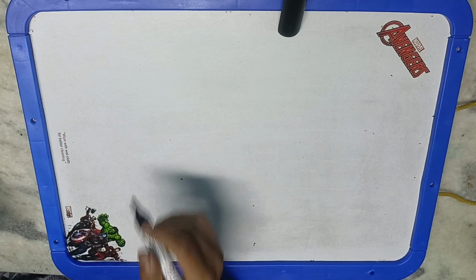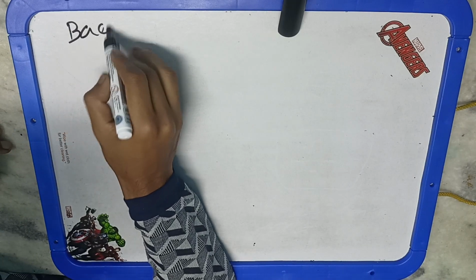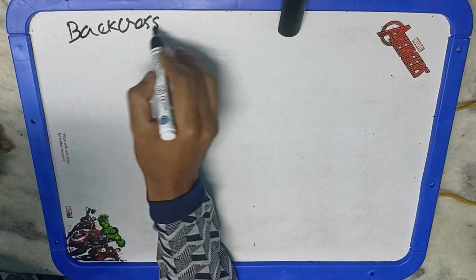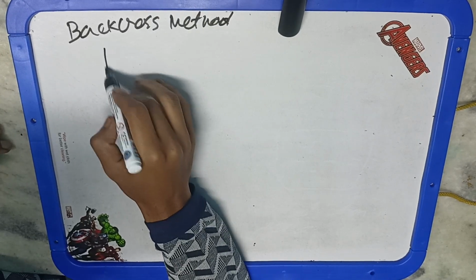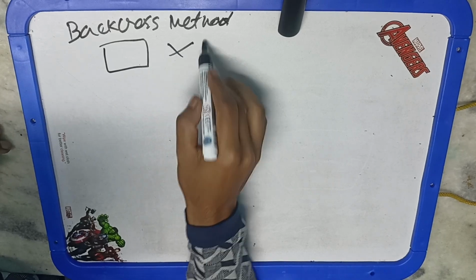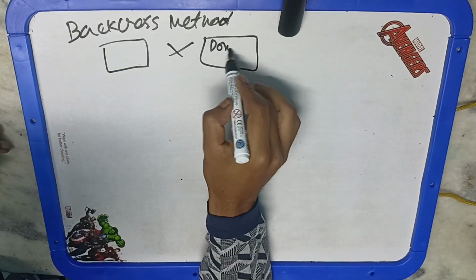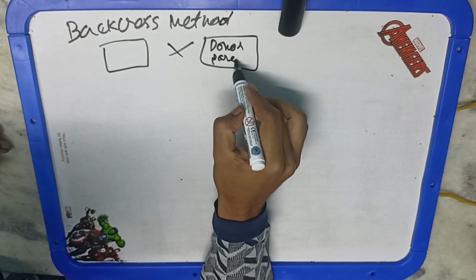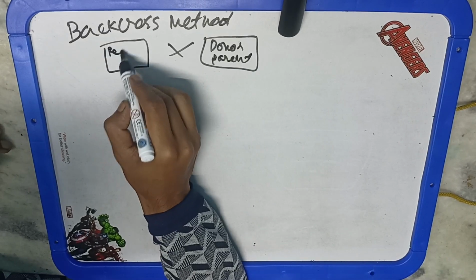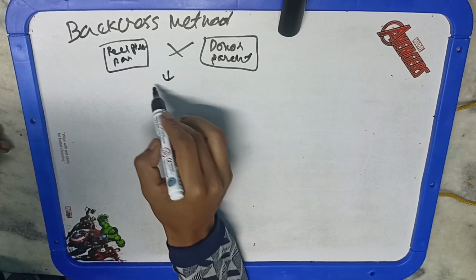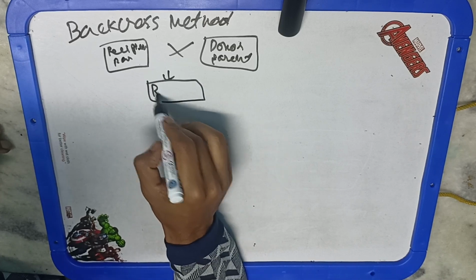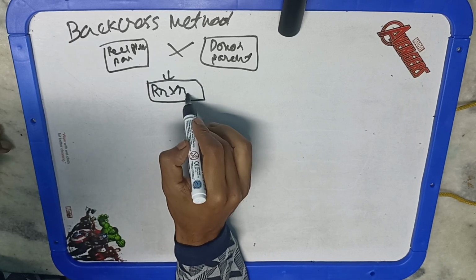Now the back cross method. It is a little bit different. Here we are making the crosses, but here one is the recipient parent, one is the donor parent. Donor parent means a parent from which we need only one or a few genes for the recipient parent. Means this variety is performing well, but in due course of time, or maybe due to some reason, it may become prone to a particular disease.